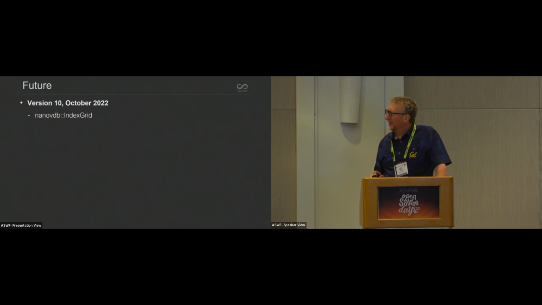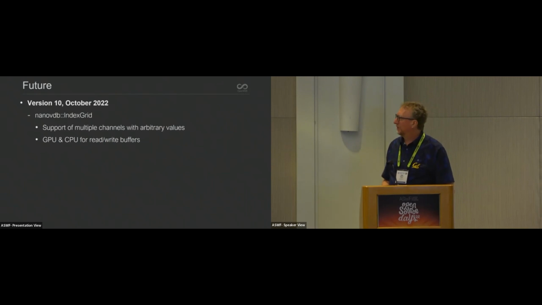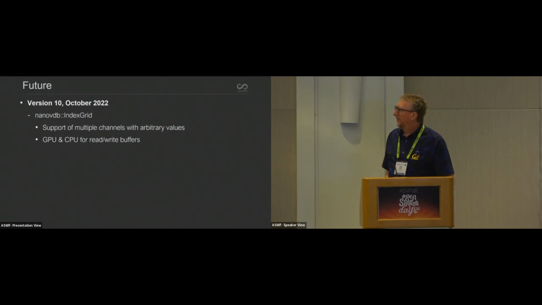It's interesting because it allows you to use the grid with arbitrary types and even different channels. So this opens the door to modifying values on the GPU. You could have multiple read and write buffers, and arbitrary types. There's even a mode in which this grid type is more compact than the current one because it can eliminate inactive values.